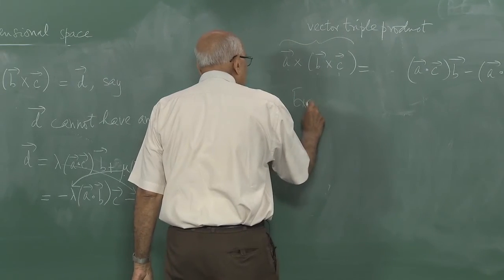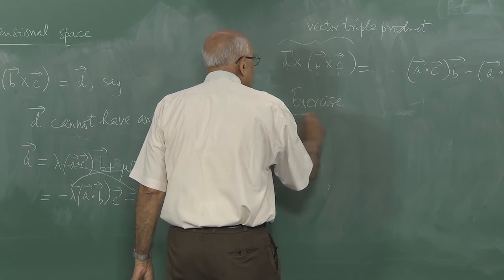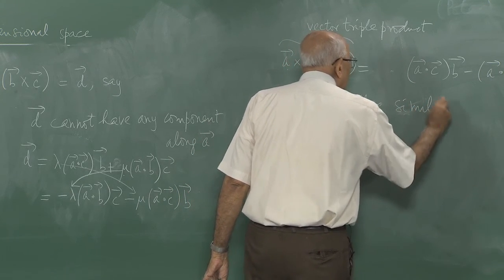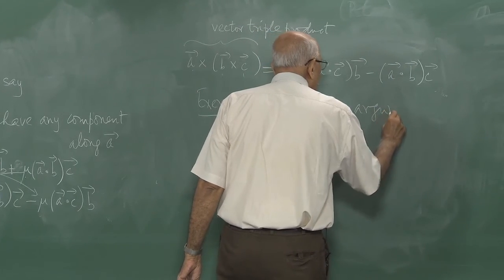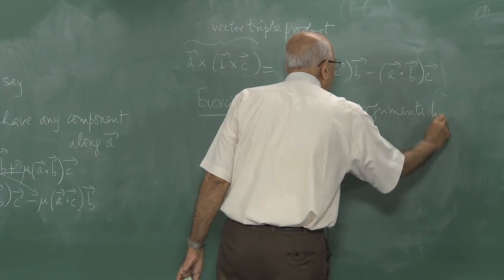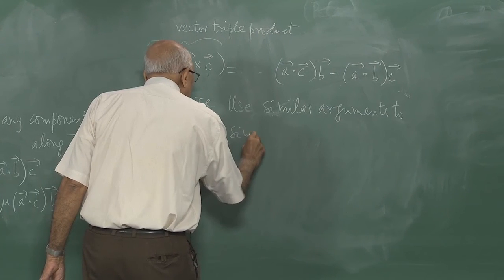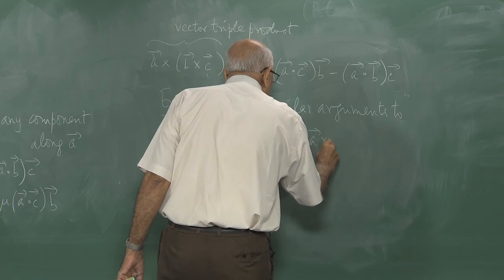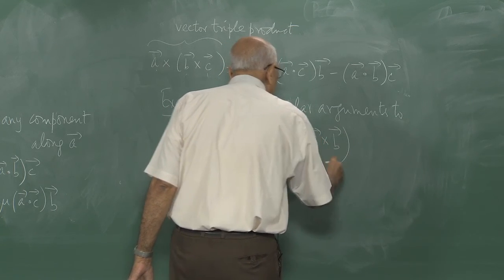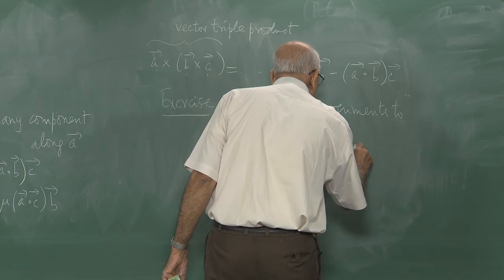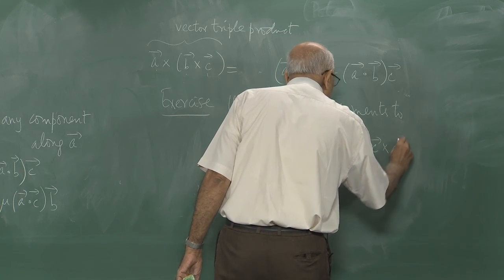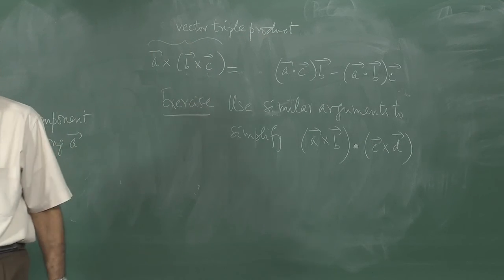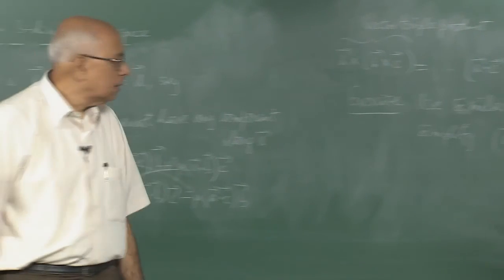Exercise. Use similar arguments to simplify A cross B dotted with C cross D. Take 4 vectors in 3 dimensions, A, B, C, D, arbitrary vectors.